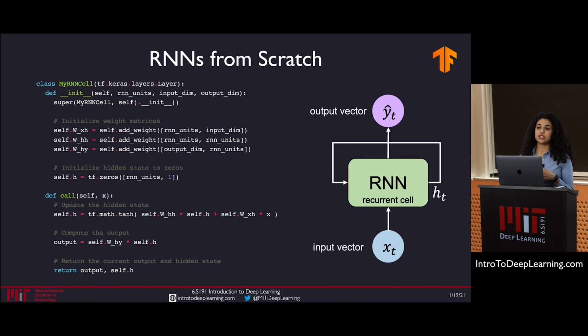Our next step is going to be to define what we call the call function. And this function is really important because it describes exactly how we can make a forward pass through the network given an input.